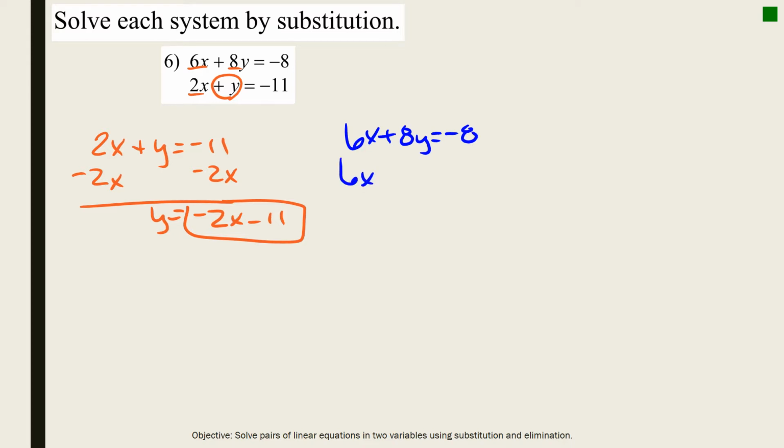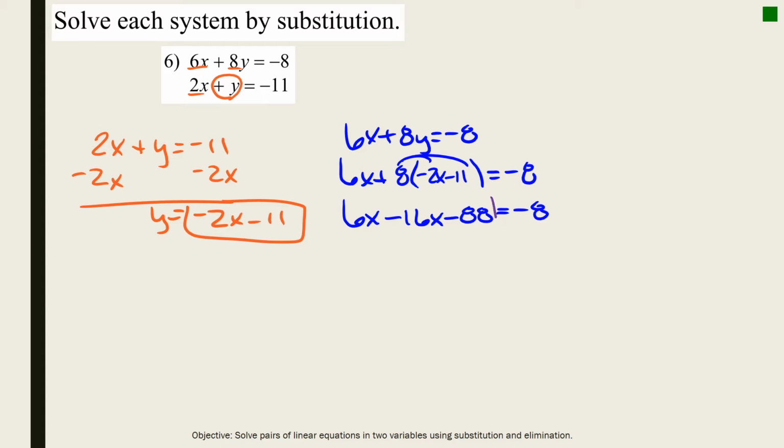I'm going to take the y and kick it off the field and substitute in negative 2x minus 11. I'm going to distribute 6x minus 16x minus 88 equals negative 8.